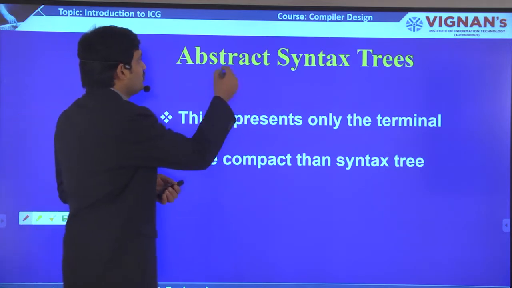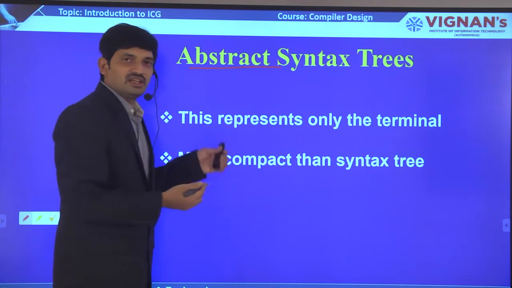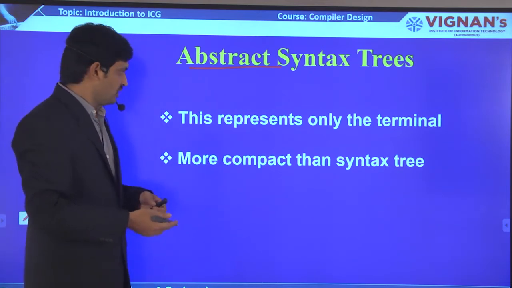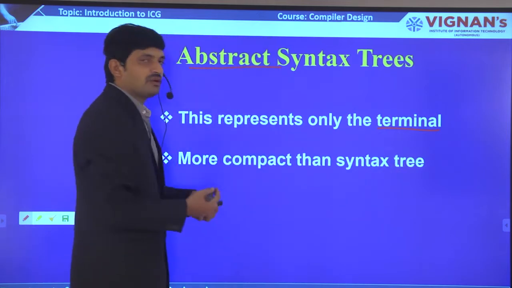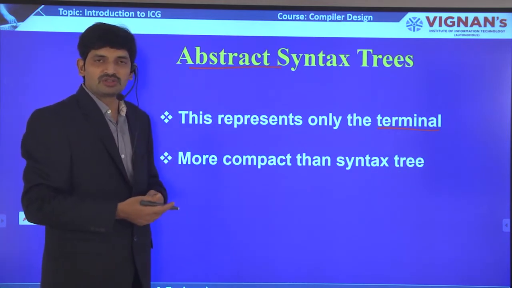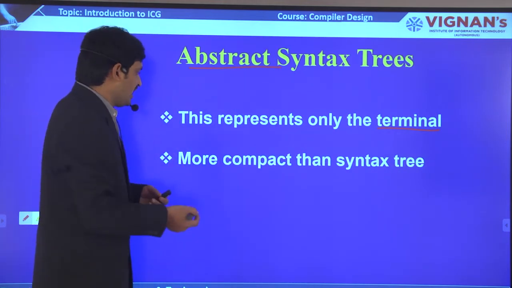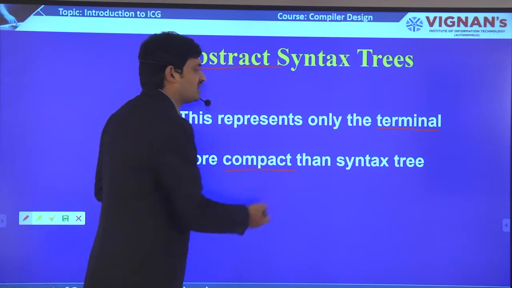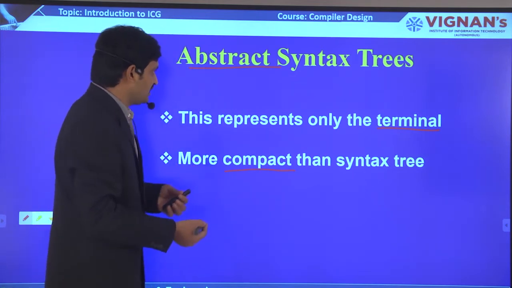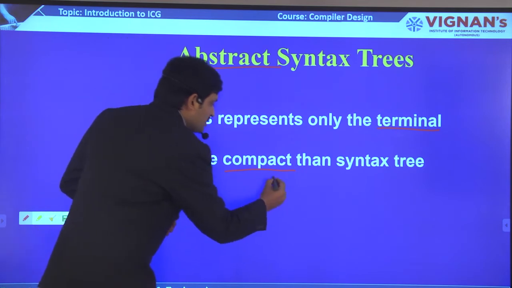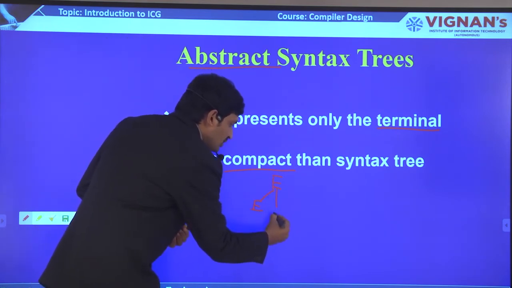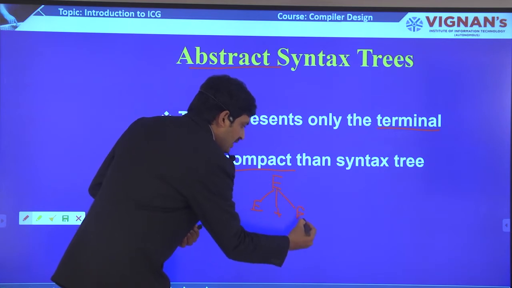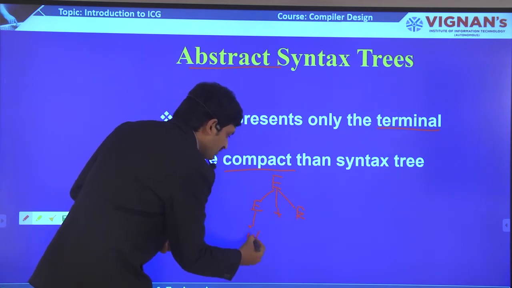Here we are going to use the abstract syntax tree in the form of intermediate code, which can represent only the terminals, and sometimes operators may be the nodes of this particular syntax tree, and this is more compact than the syntax tree. In a syntax tree we are going to represent the given grammar like this. Let us say E tends to E plus E, let us say this is id, this is id.